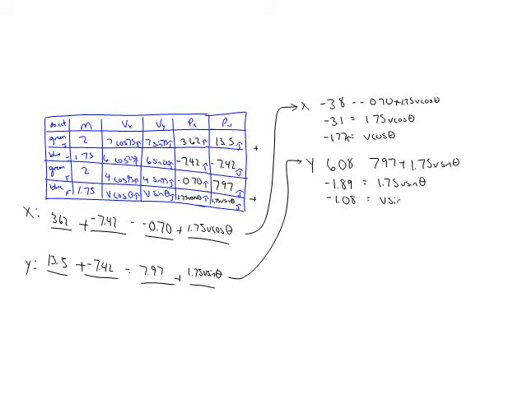Now this is v sine theta, so what does that mean? It's the y component, j hat. So now you have an i hat and a j hat. How do we find magnitude? Put it in that thing.